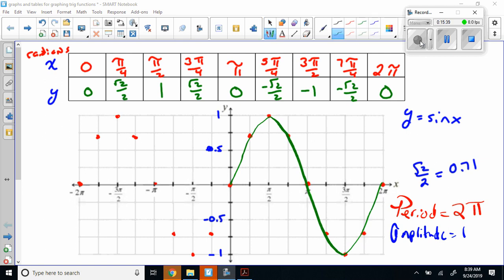So I'm gonna do the other with the black.